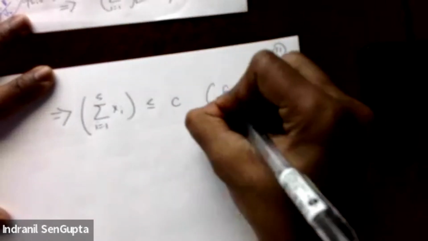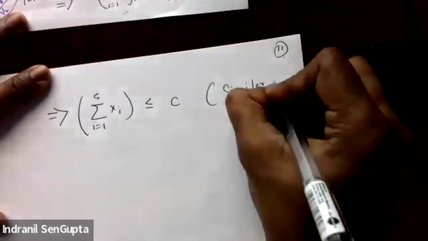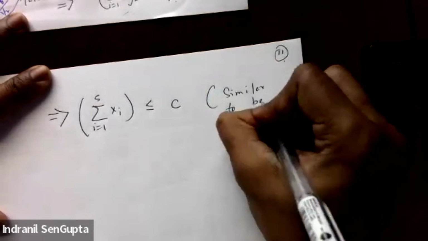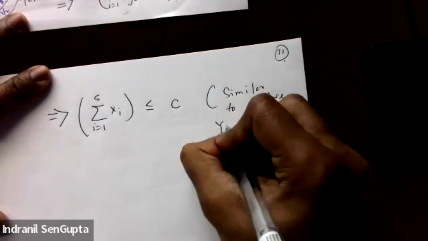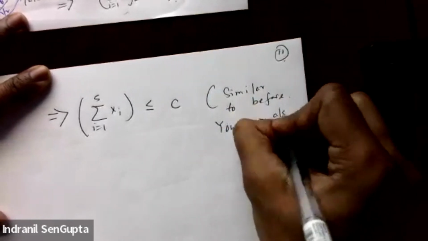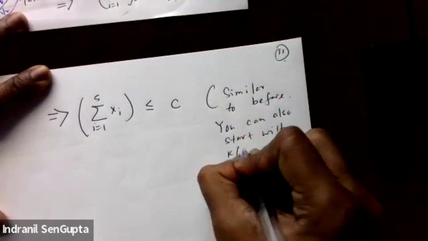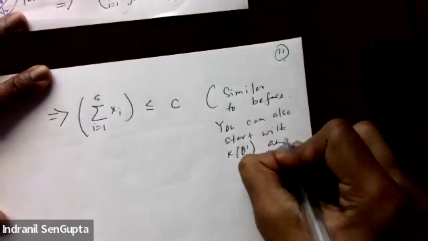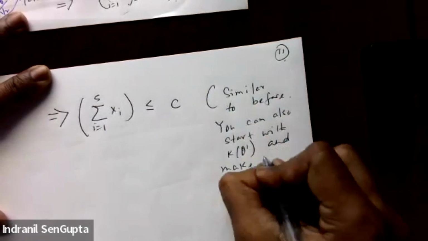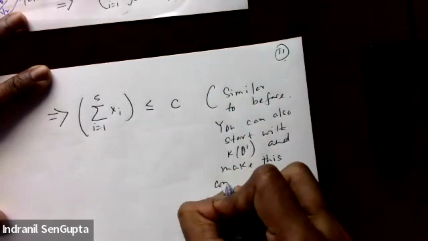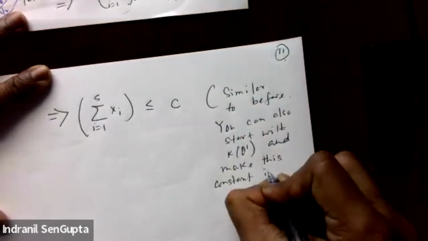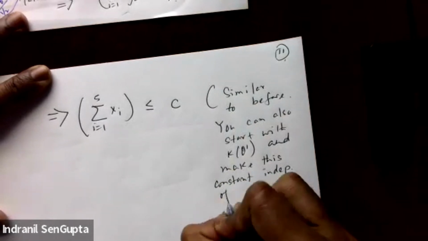Similar to before, you can also start with k of theta prime and make this constant independent of theta prime.